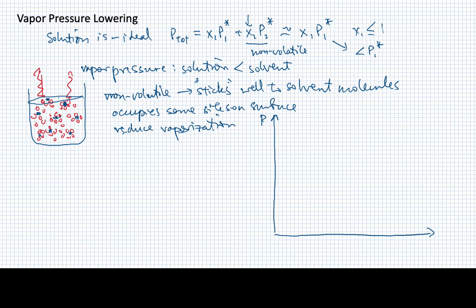Remember, a phase diagram is a graph of pressure versus temperature, and the typical shape is that they come up to a triple point, then they go on up to a critical point, and there is a solid-liquid coexistence curve that separates the solid and liquid. So I've got solid here, liquid here, and vapor down here. This is the critical point.